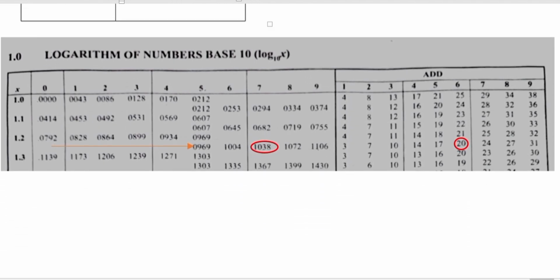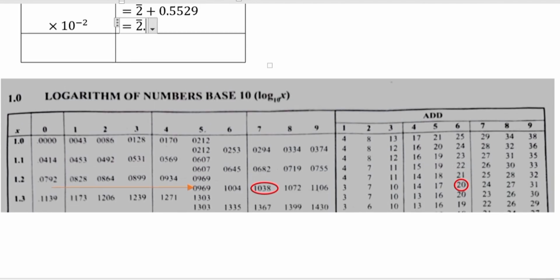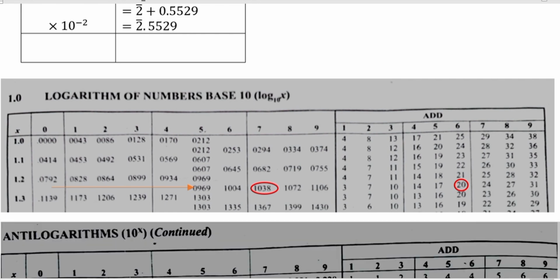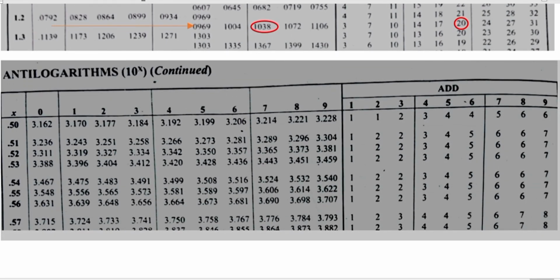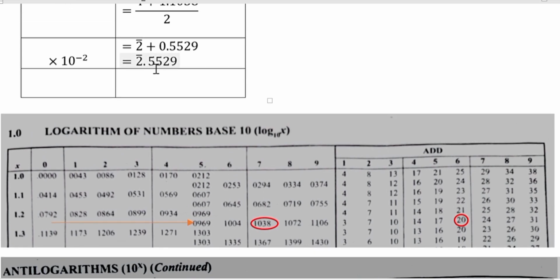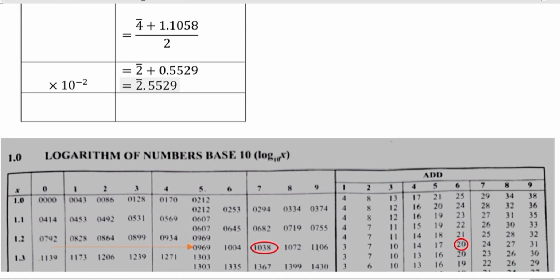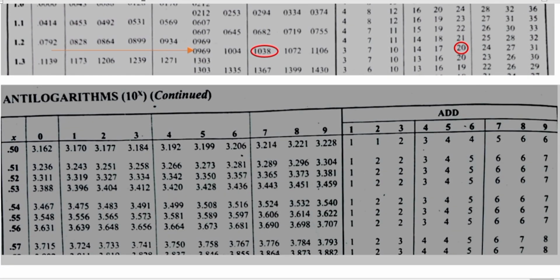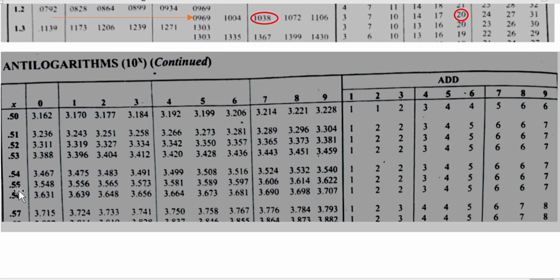I have an extract for anti-logarithm table here. Here it is. So we are looking for 0.5529. So 0.55 is here.